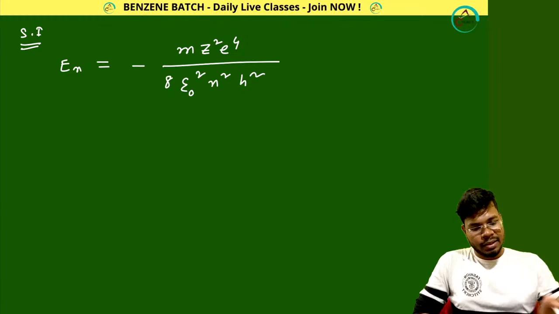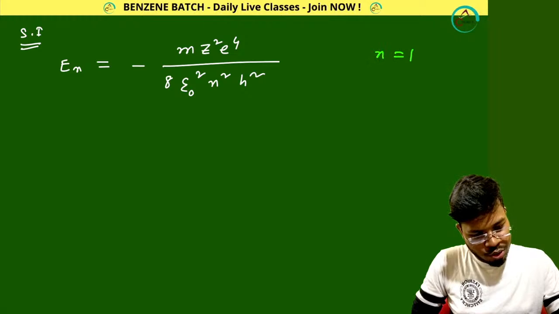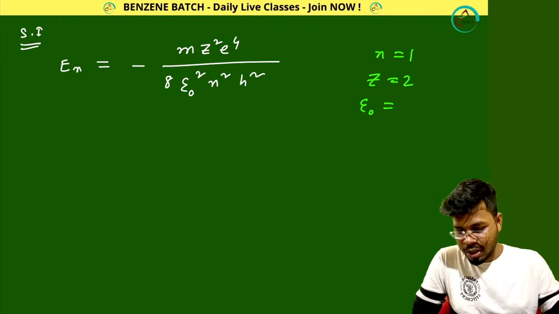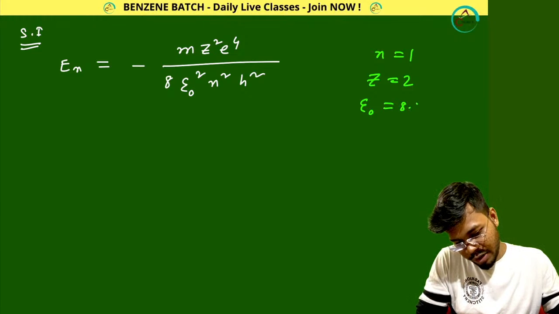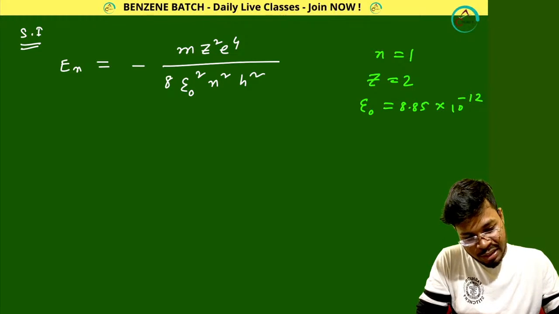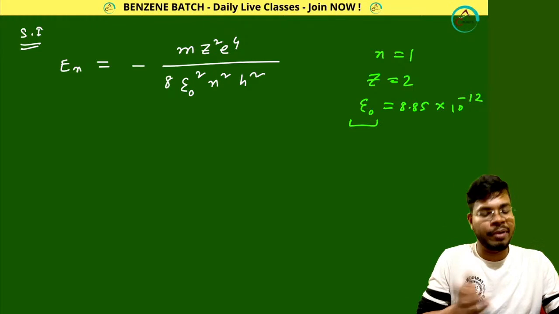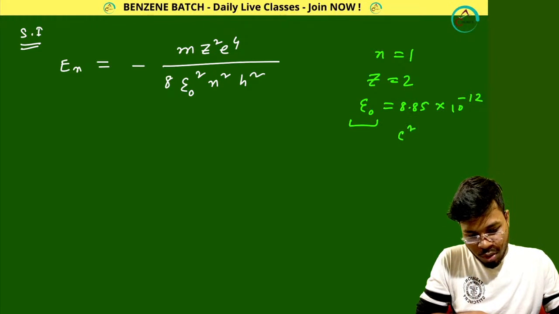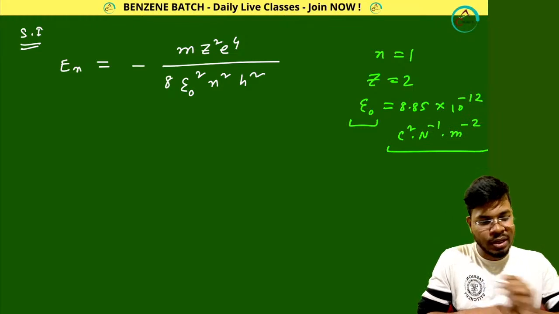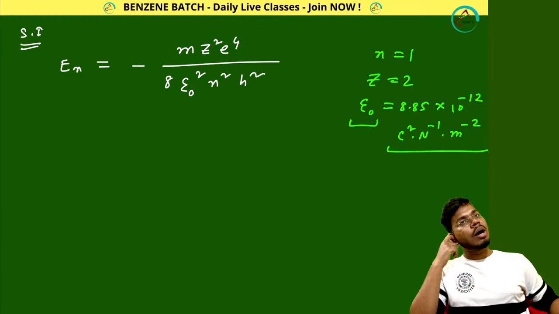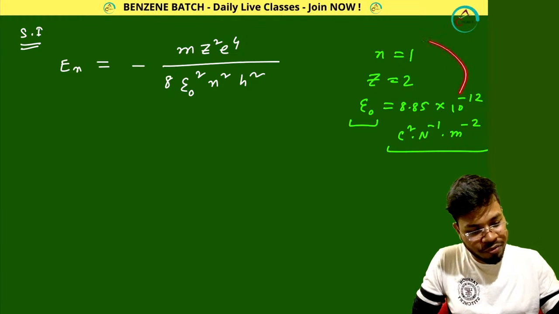You just need to put n equals 1, Z equals 2. Epsilon 0 value, what? I told you already, epsilon 0 has value 8.85 multiplied by 10 to the power minus 12 in SI unit. Definitely in case of SI unit this term appears: Coulomb square, Newton inverse and meter minus 2. This is the unit and this is the value of epsilon naught. So now I hope you can easily calculate the value of this.